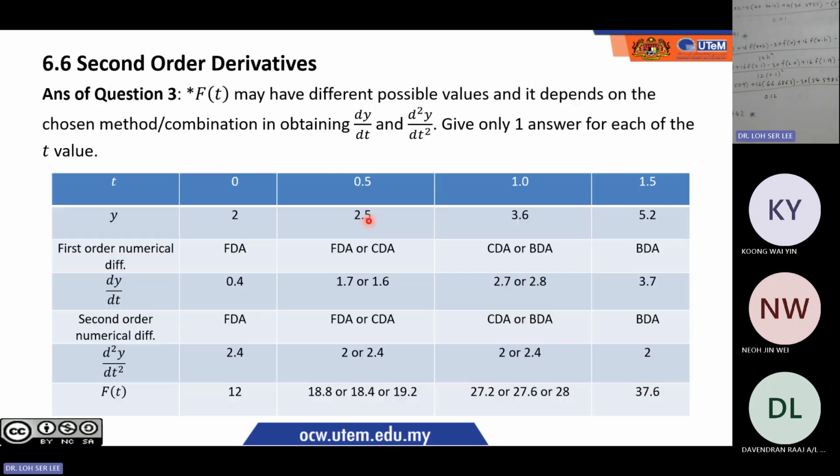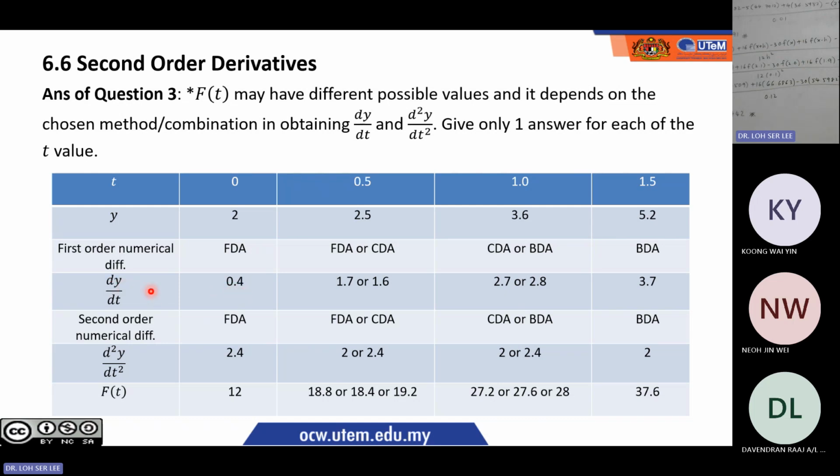Okay. So see, this is the formula. This is the table for the answer. When t is 0, y is 2. For first order numerical differentiation, we use forward difference approximation. Then you will get y prime as 0.4.